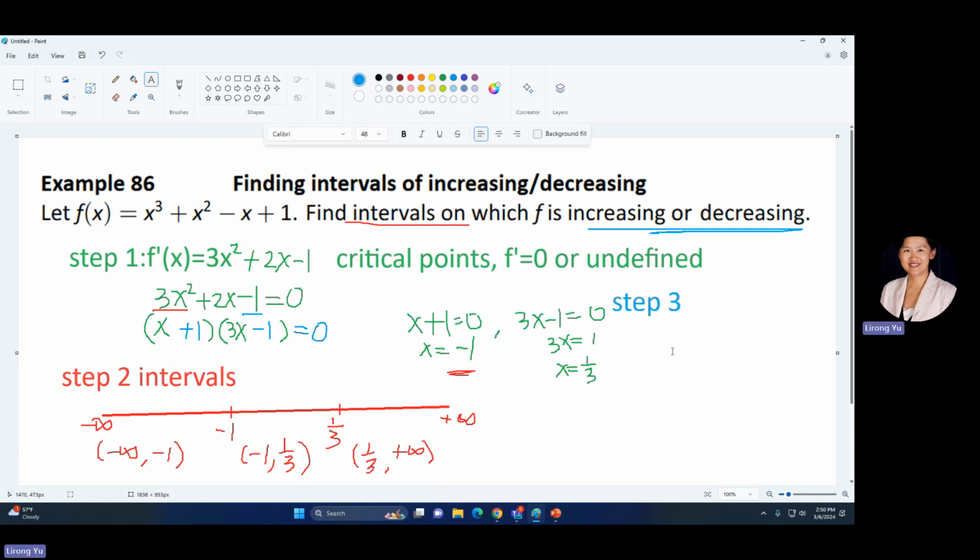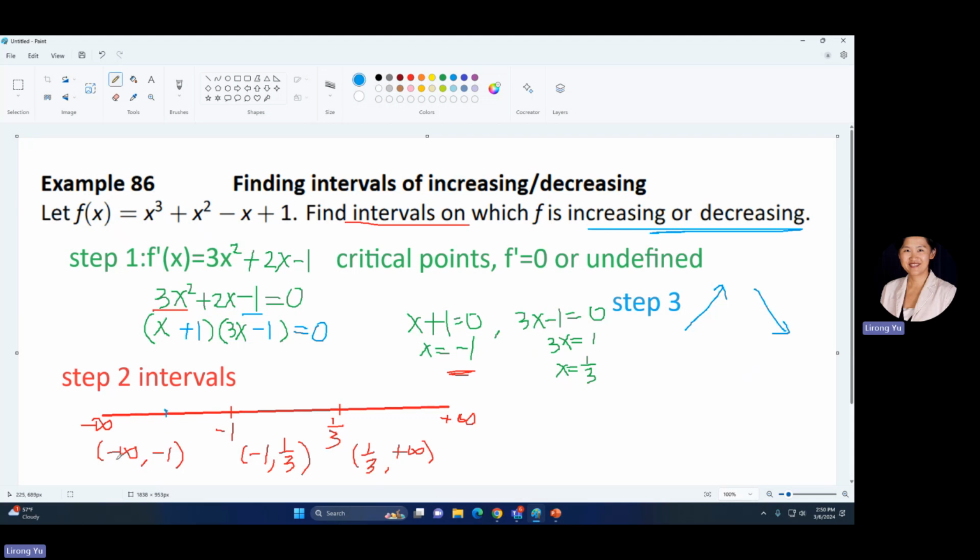I like to use a little arrow. This is an up arrow, which represents increasing, and a down arrow, which represents decreasing. So we're going to mark increasing or decreasing on each interval. How do we know it's increasing or decreasing? For the first interval, you pick a special point in the middle of that interval just to test it.